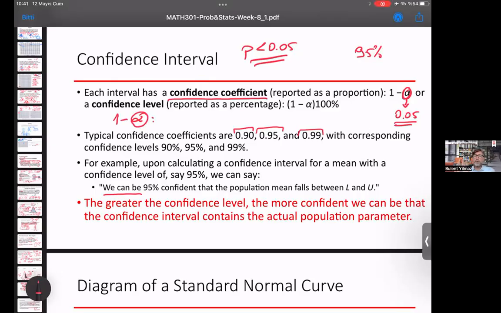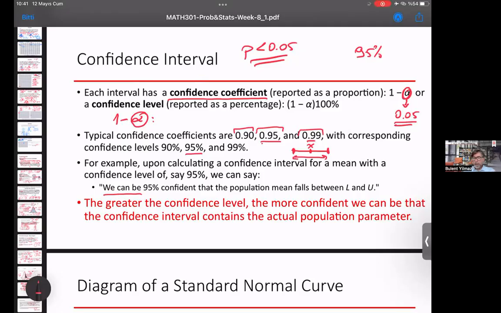If I choose alpha to be 0.05, what does it mean? My confidence interval will be 95%. Let's say this is my confidence interval and this is x bar; in 95% of the cases the real population mean will be in this interval.